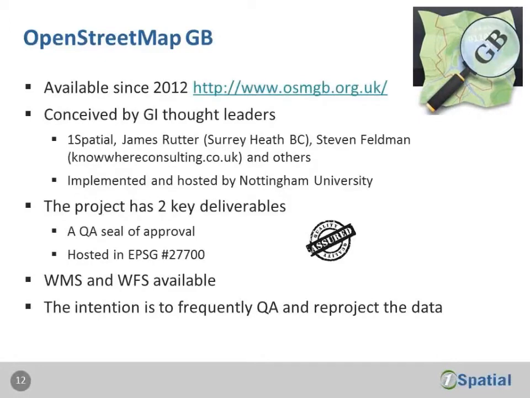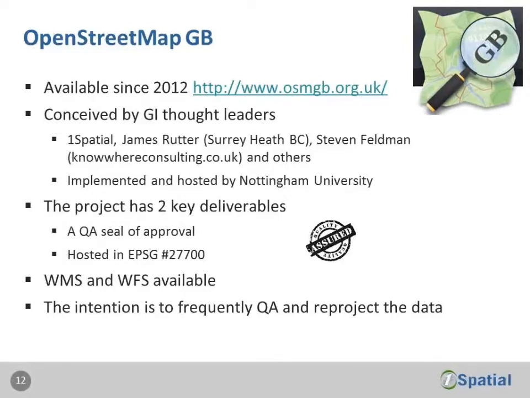When it comes to OpenStreetMap, it's worth just highlighting that the GB instance of this is actually a collaborative project that we've got involved in with a number of organisations and a number of individuals, like Surrey Heath Borough Council, who originally helped conceive the idea, James Rutter, and we also worked with Stephen Feldman from Nowhere Consulting, and we've collaborated with Nottingham University, who host the data.